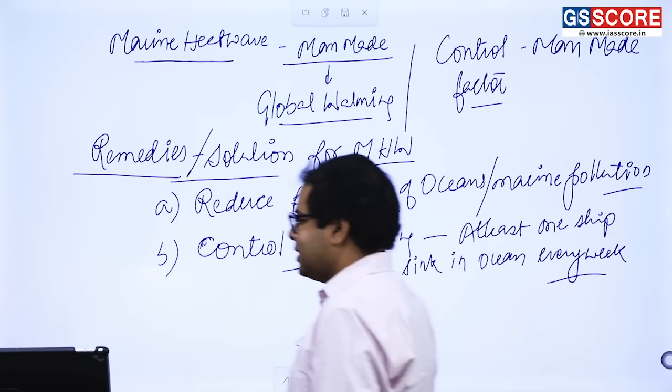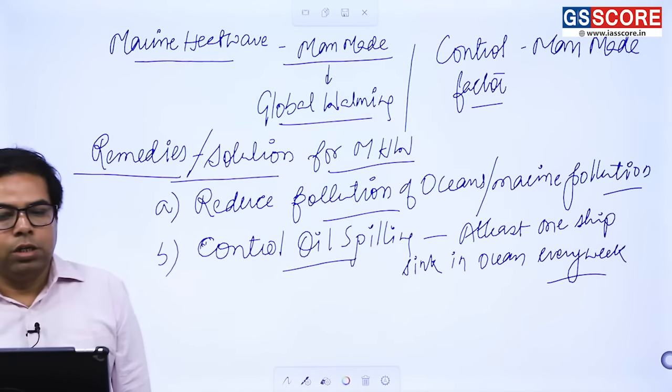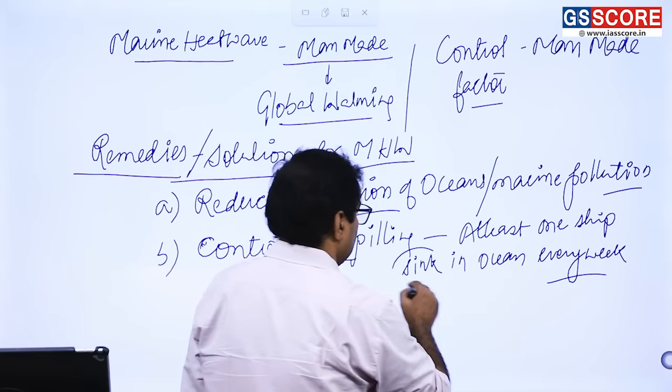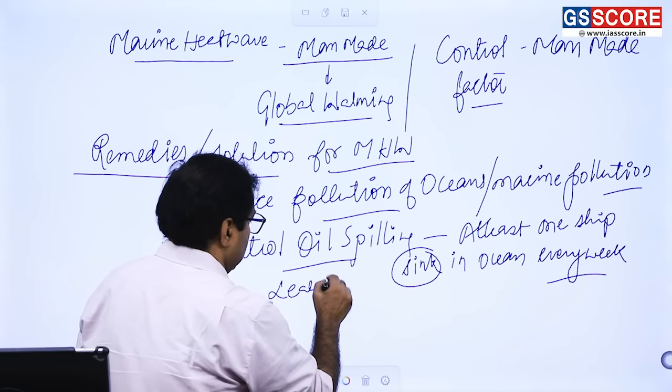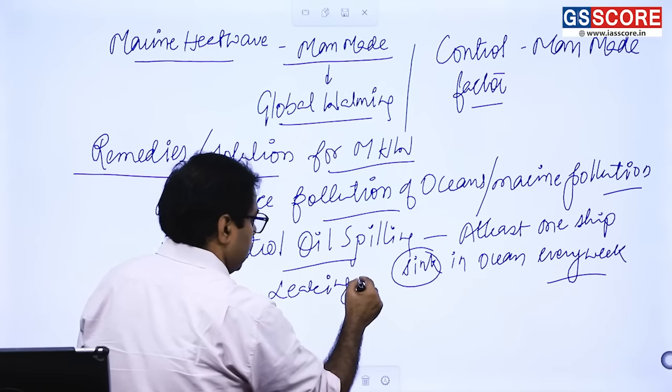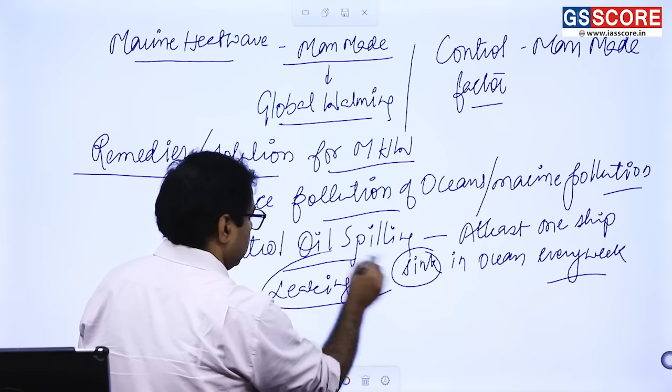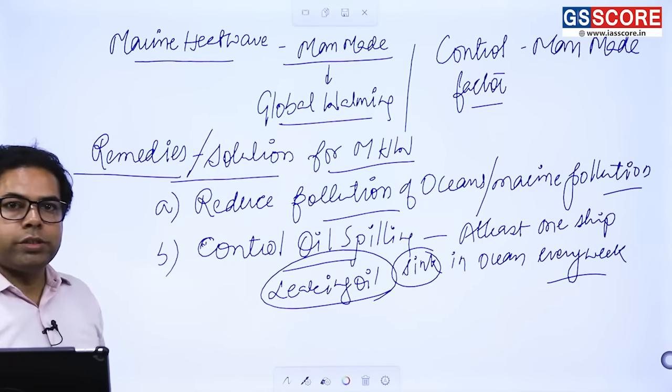Sinking of a ship in the ocean is responsible for leaking the oil from the oil storage or the tank.